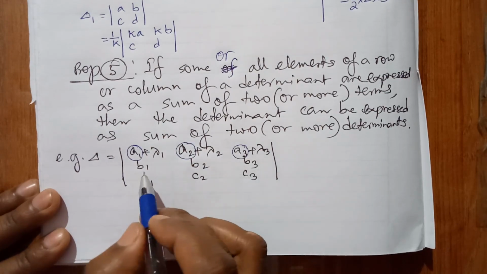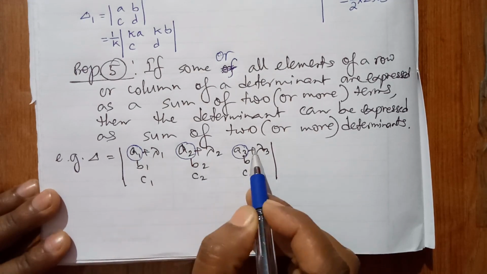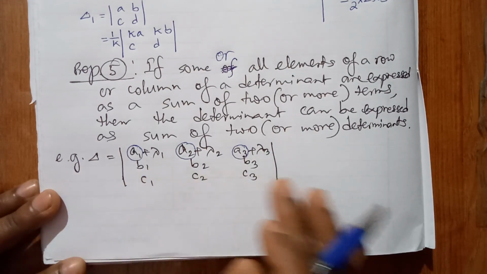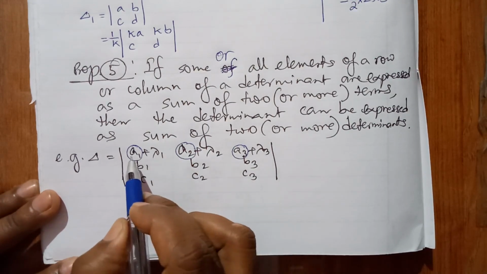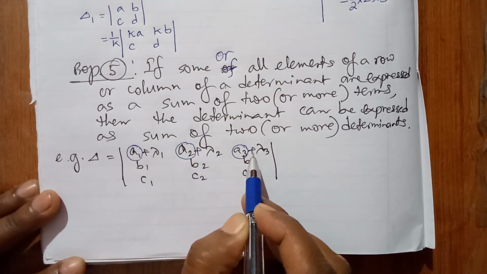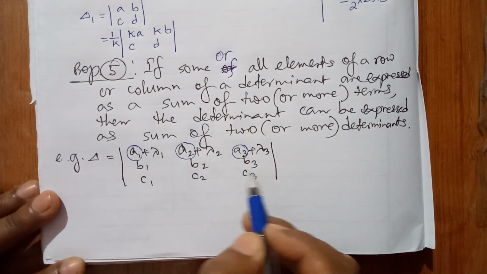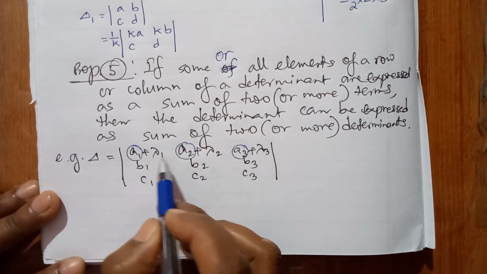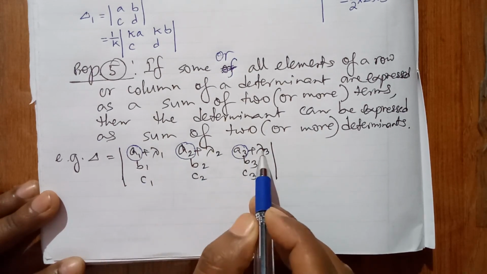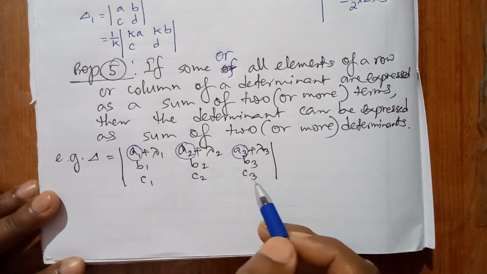As the elements of the first row are the sum of 2 terms, when you break it, you have to break it into 2 determinants. So in the first determinant you have to use the first terms, and in the second determinant you have to use the second terms in the first row. The remaining second row and third row remain as they are.